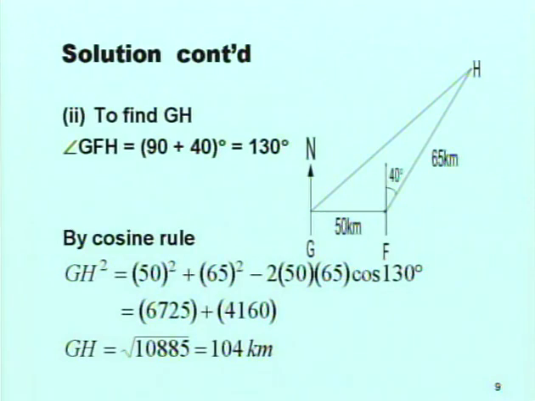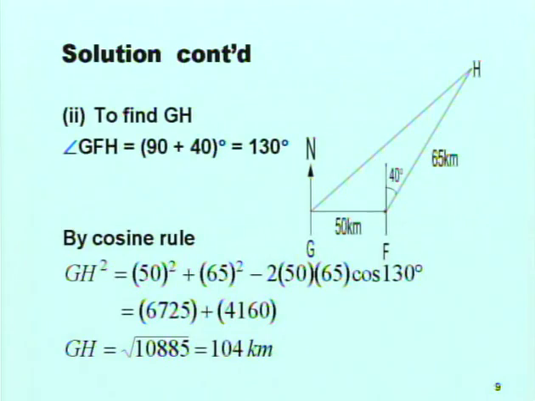Angle GFH is equal to 90 degrees plus 40 degrees, which will give us 130 degrees. Now using the cosine rule, we have GH squared is equal to 50 squared plus 65 squared minus 2 times 50 times 65 times cosine 130 degrees.